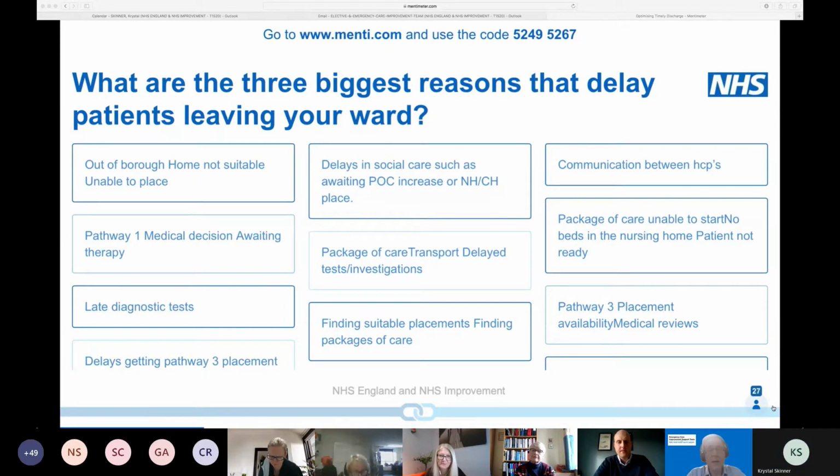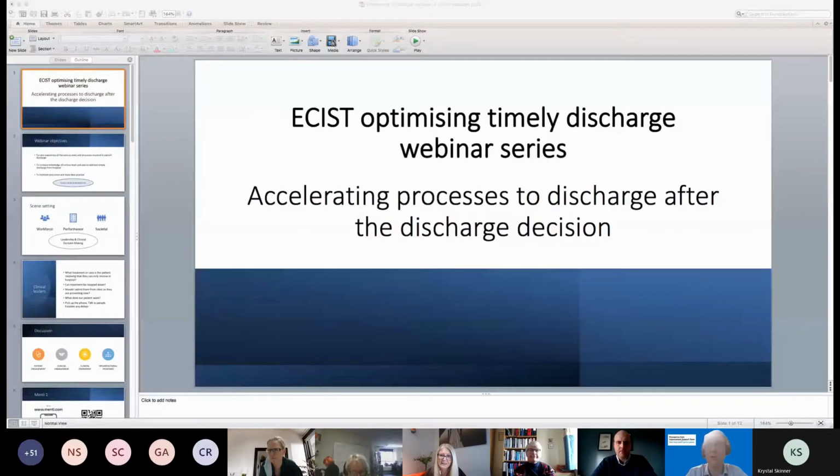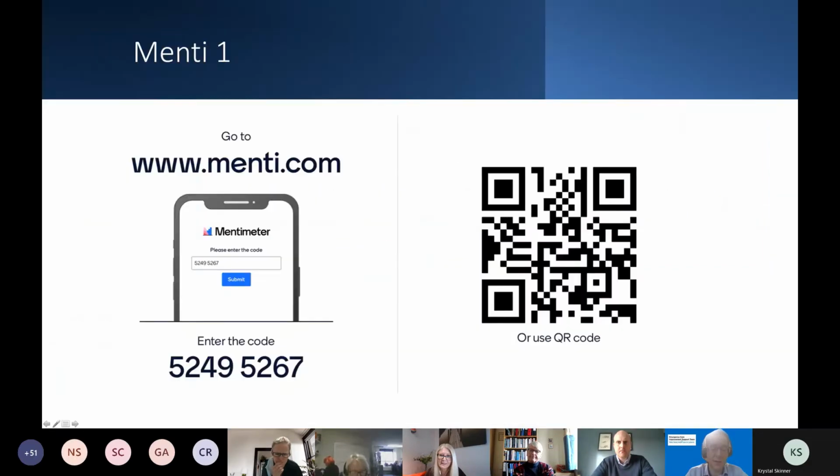So I'm not surprised by the responses we've got so far, and certainly when you're working on the wards and looking at other people's practices, the more complicated patients on pathways 1, 2 and 3, those who need a package of care, for example, are often the high profile patients when it comes to delays.